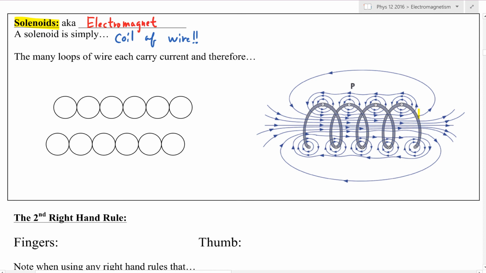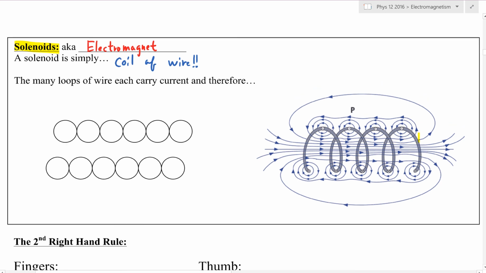It's called an electromagnet. When you hook up a solenoid to a power source and let current run through the solenoid, you actually get magnetism from it. Since I'm not here today, I don't want to introduce the solenoid right-hand rule, because the first right-hand rule and the solenoid right-hand rule, which I call the second one, are very similar.